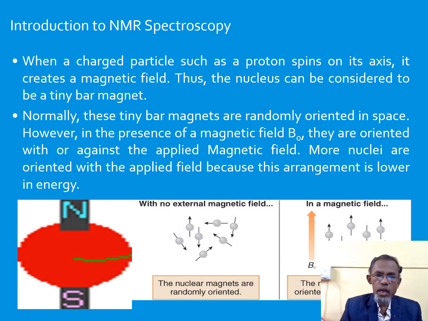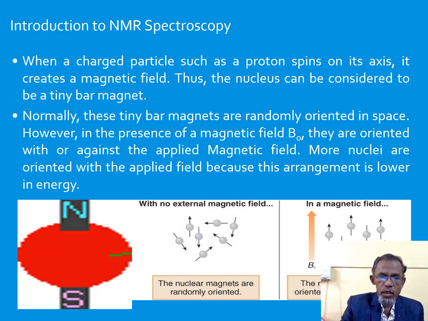Normally, these tiny bar magnets are randomly oriented in space. However, in the presence of a magnetic field, which we represent by B0, they are oriented with or against the applied magnetic field. More such nuclei are oriented with the applied field because this arrangement is lower in energy.